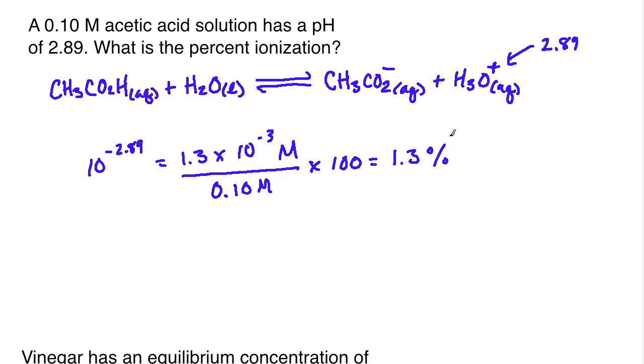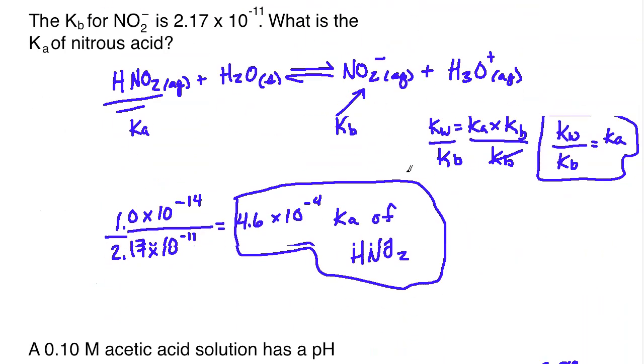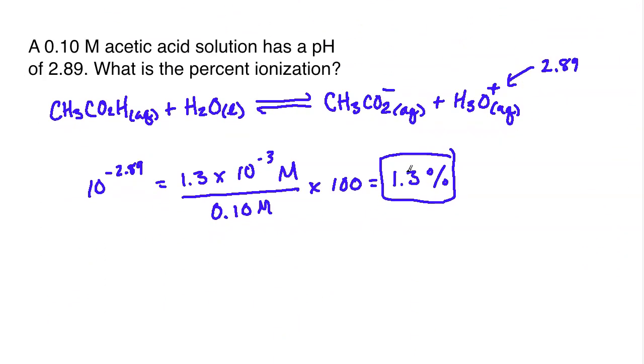If we want to compare it to the nitrous acid, that was sitting at 6.5% in the previous example versus the 1.3%. So we could start ranking these acids, and we could say the acetic acid, at least at this concentration, is going to be weaker than the nitrous acid.